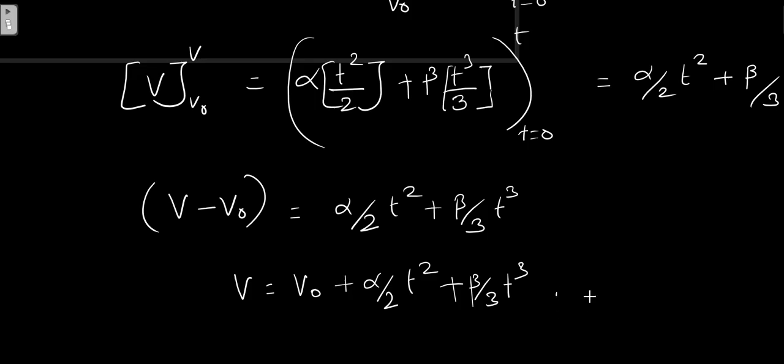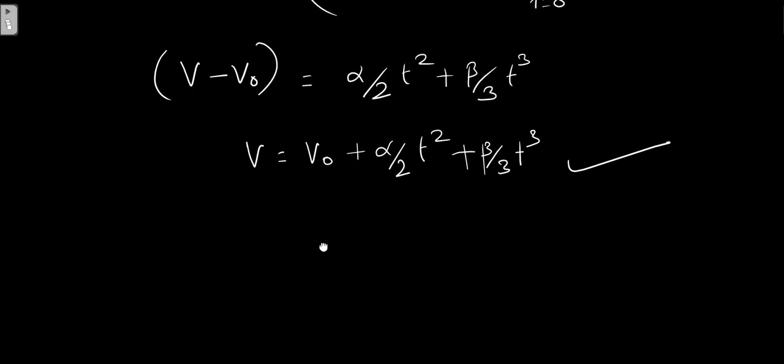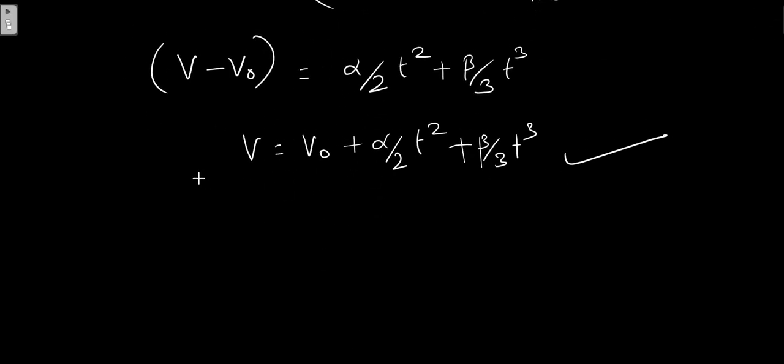Clear? This is the velocity. So what about displacement? What about position? We can write the position in terms of time taken. What about displacement in terms of time? So this is displacement as a function of time. Okay, so we will move on to it.